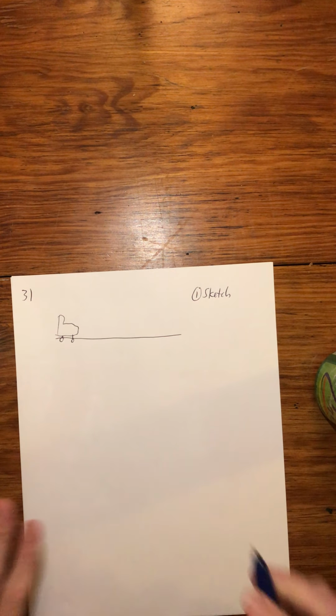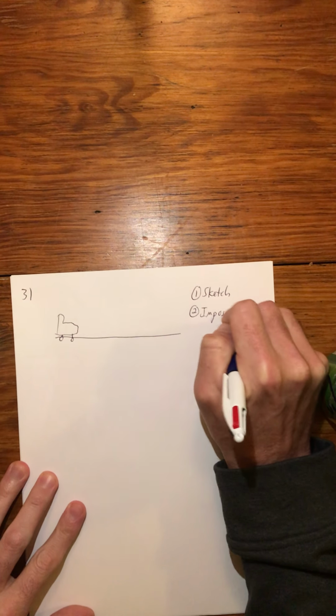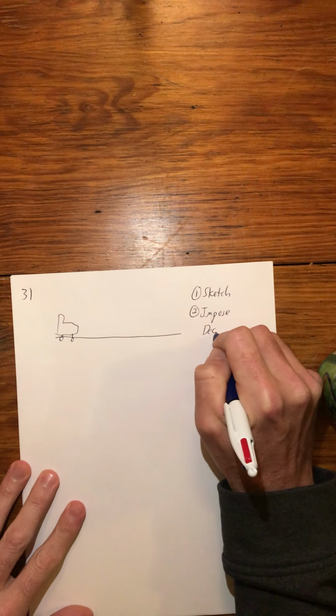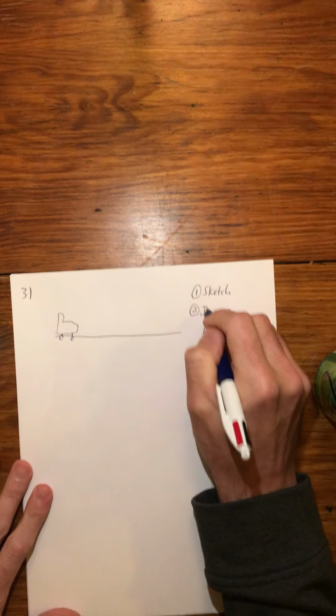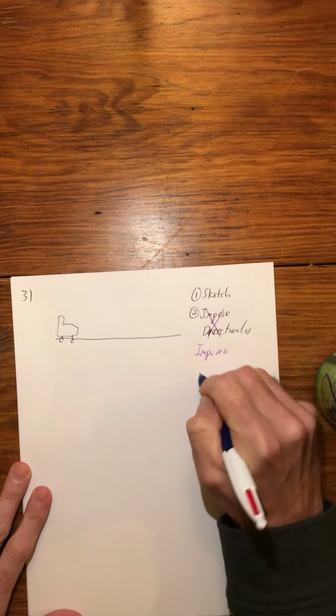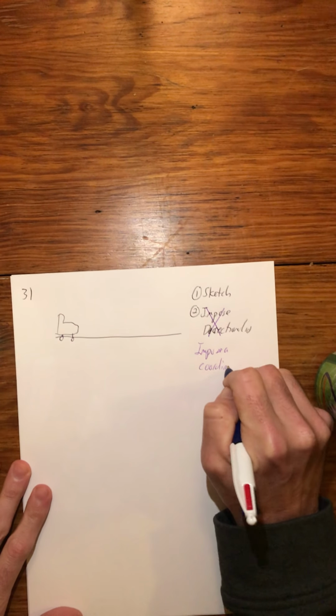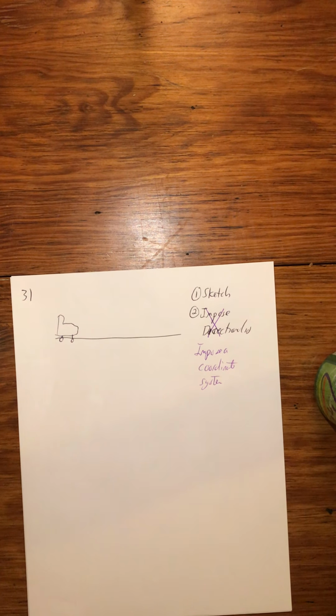The next thing on the sketch that I want to do is impose directionality. I want to make a declaration of what is positive and negative. But really, actually, let's kick it up a notch. Let's not just impose directionality. Let's impose a coordinate system, because a coordinate system has directionality implied, right?